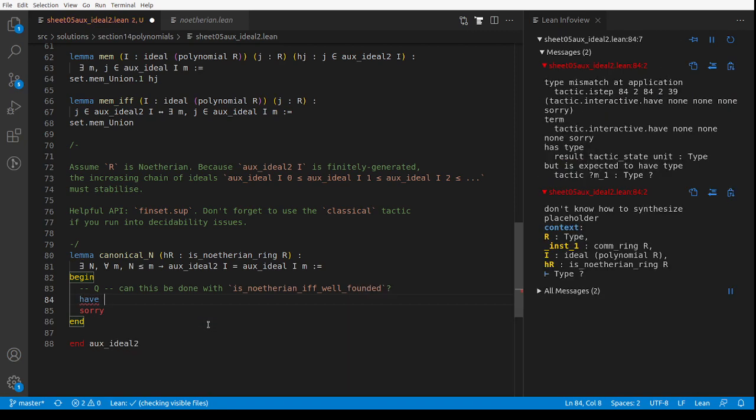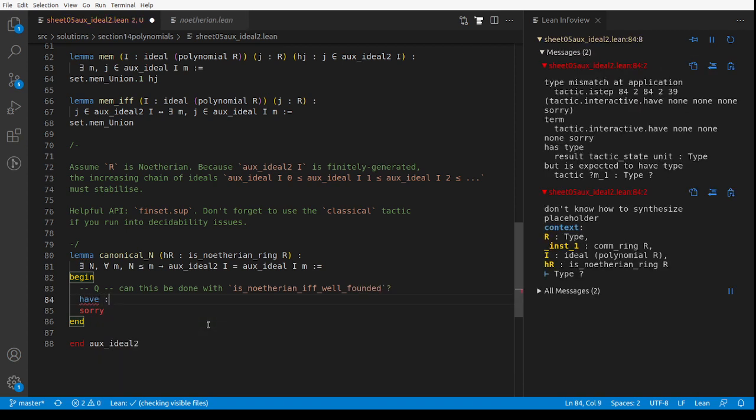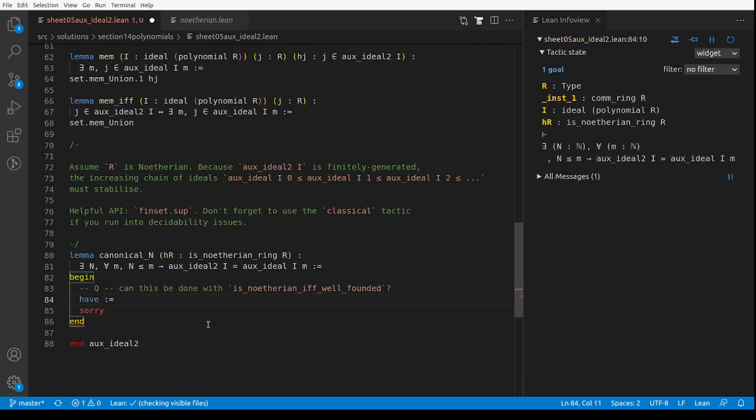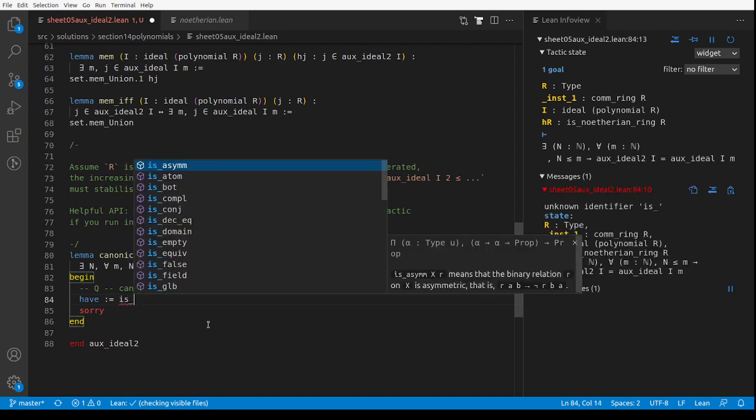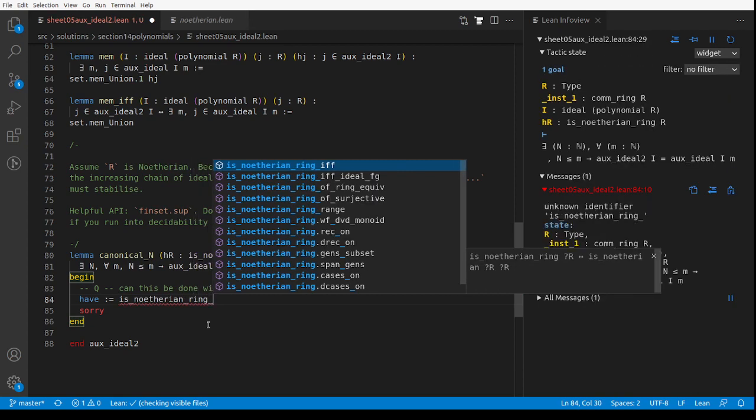So how would this work? Where's the generating set? So why don't I just do have := is a Noetherian ring if ideal is finitely generated.